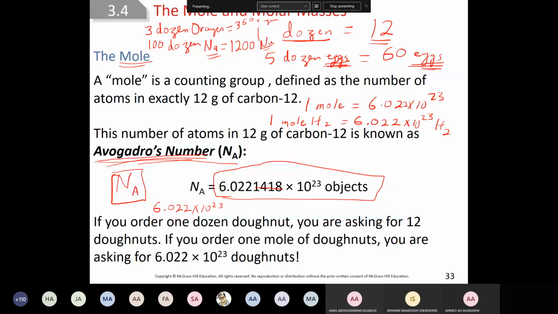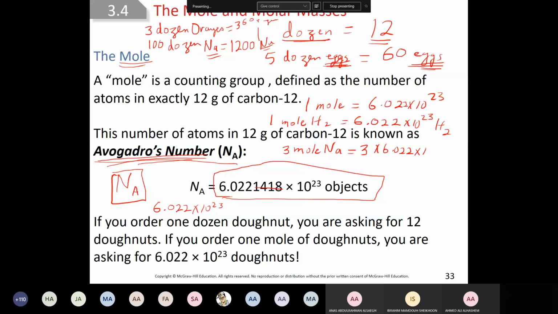Is this clear? If I say, for example, I have 3 mole Na, then how many Na is there? 3 times the Avogadro number. 3 times 6.022 times 10 to the power 23 Na.